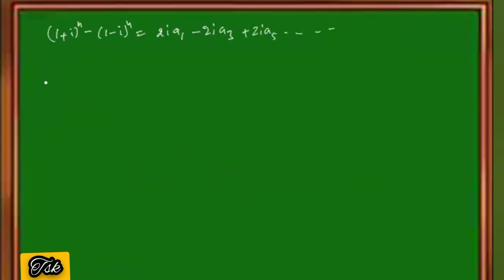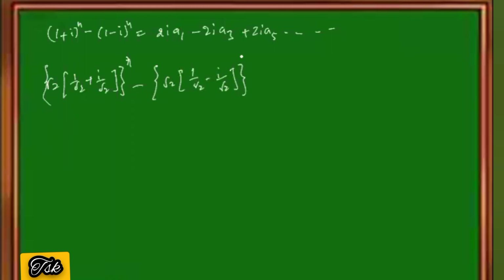So this can be written as root 2 into (1 by root 2 plus i by root 2) whole to the power of n, and then minus root 2 into (1 by root 2 minus i by root 2) whole to the power of n, is equal to 2i into (a1 minus a3 plus a5, so on).